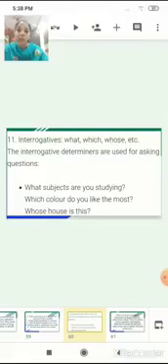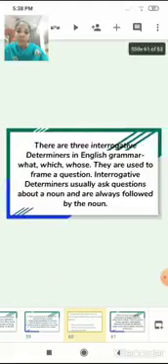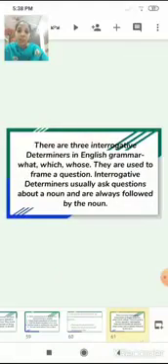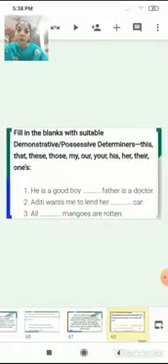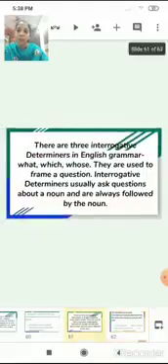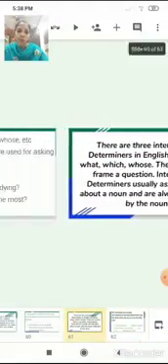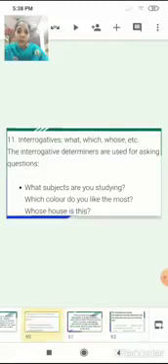They ask questions about a noun and they are always followed by a noun. As I mentioned earlier, there are 3 interrogative determiners in English, and we have already learned them. It is a very small explanation for this particular determiner. There is nothing much in this. It's a very simple one.